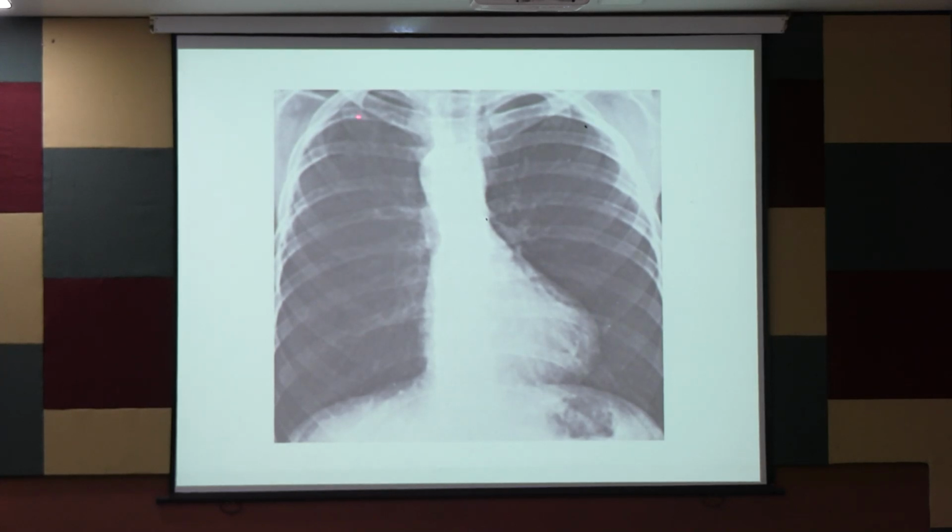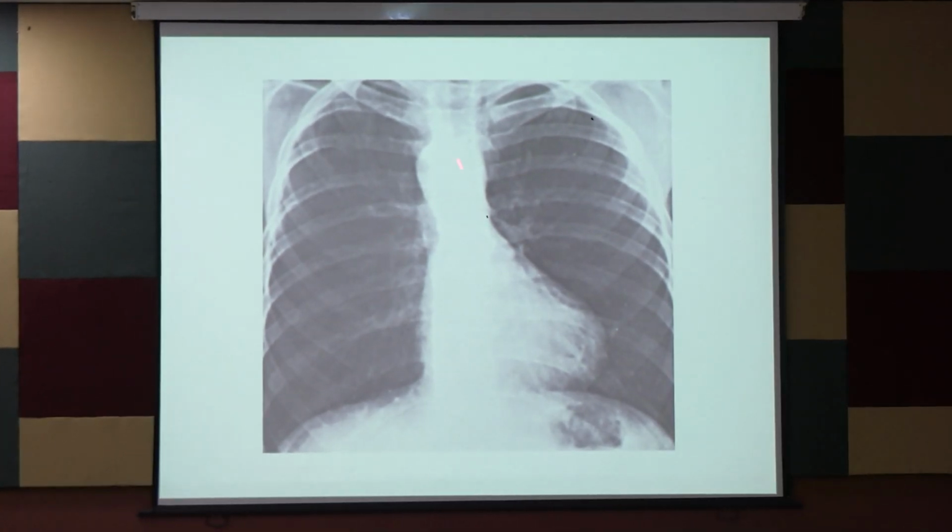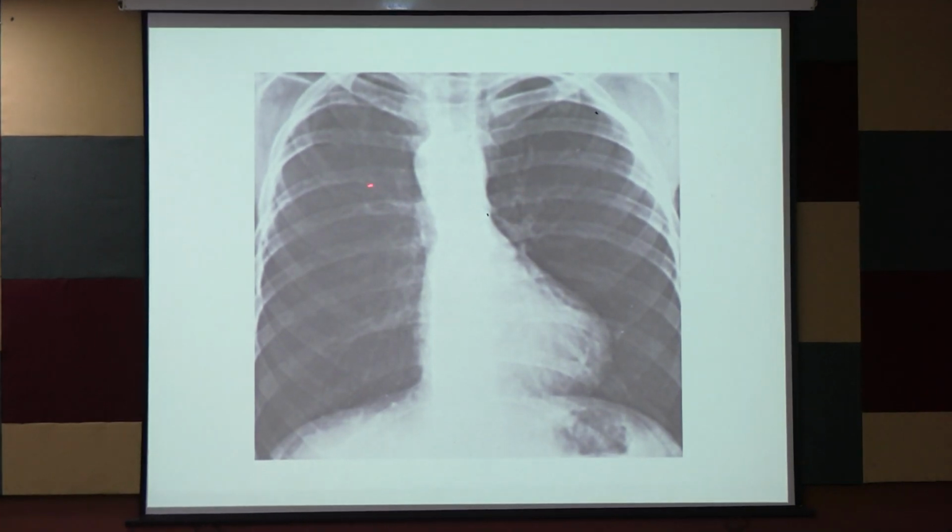In normal lungs, the blood vessel markings should be up to the middle third, but here the blood vessel markings are not present in the middle third. In normal lungs the vascular markings present here should be up to the middle. Is it clear to you? But here it is not coming in the middle, for pulmonary oligemia, less blood.